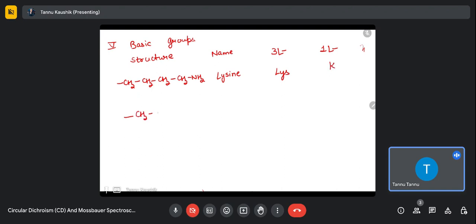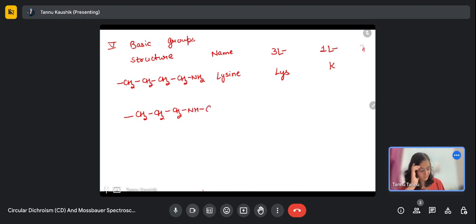Then we have this CH2, CH2, NH, C double bond O, C double bond N. This is the guanidine unit.